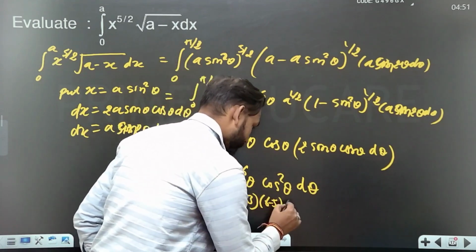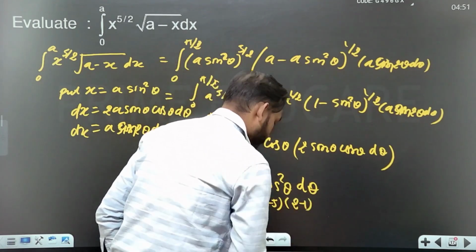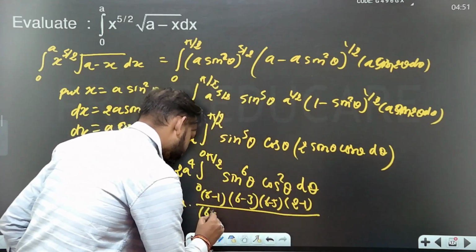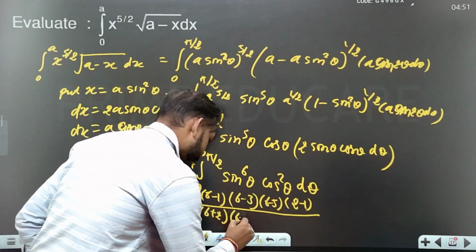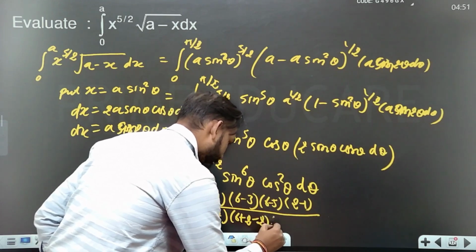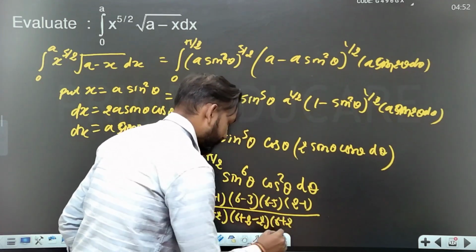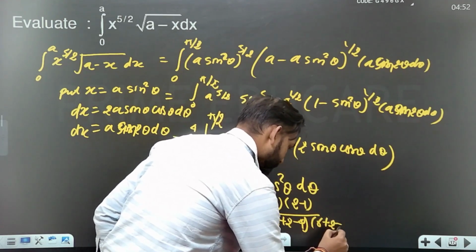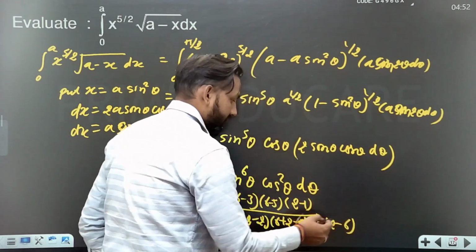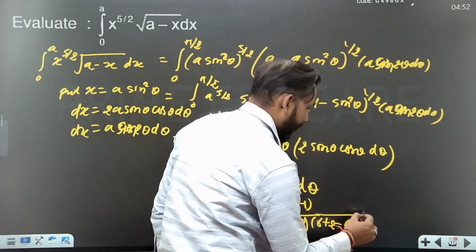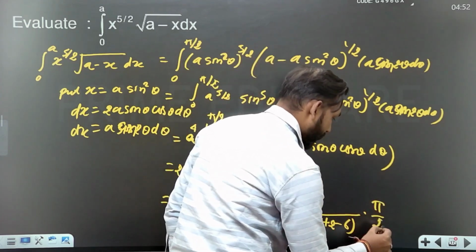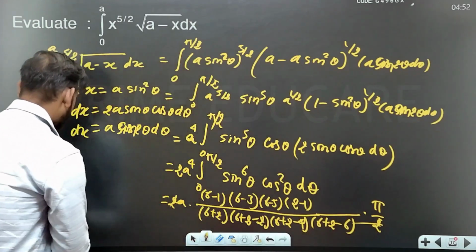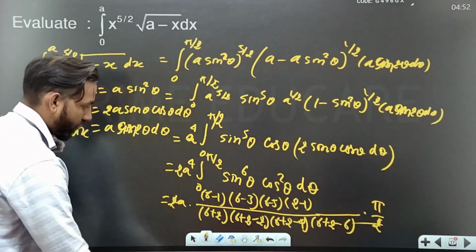And again here is 2 minus 1 also, and what is there? 6 plus 2, then 6 plus 2 minus 2, 6 plus 2 minus 4, 6 plus 2 minus 6, okay, and 6 plus 2 minus 8, and multiply by pi by 2, then 2 will be cancelled out from this 2, and we can write here what is this?